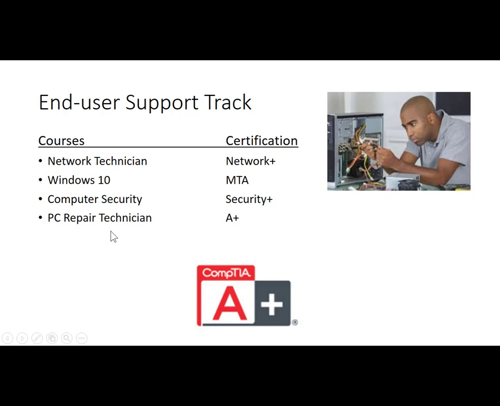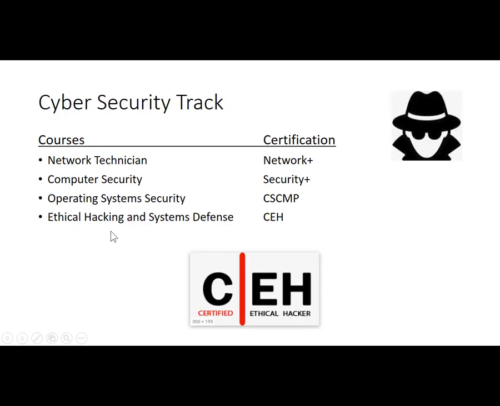The end user support track culminates with the A Plus certification, which qualifies the person to be the PC Repair on-site technician. And then the fourth track, which doesn't really correspond to any one particular career, is the cyber security track. This is one that we have already successfully run. The other three are proposals.